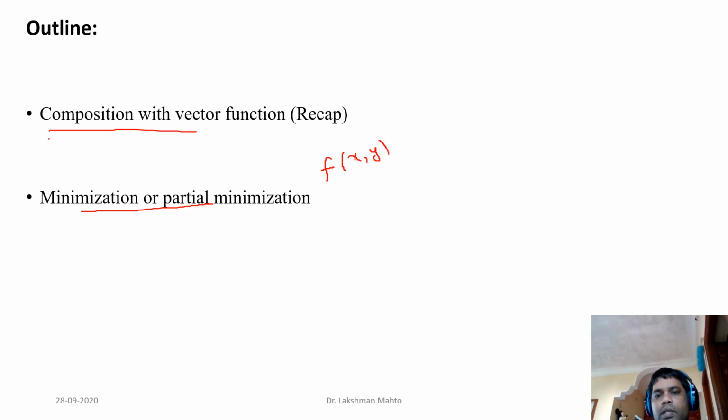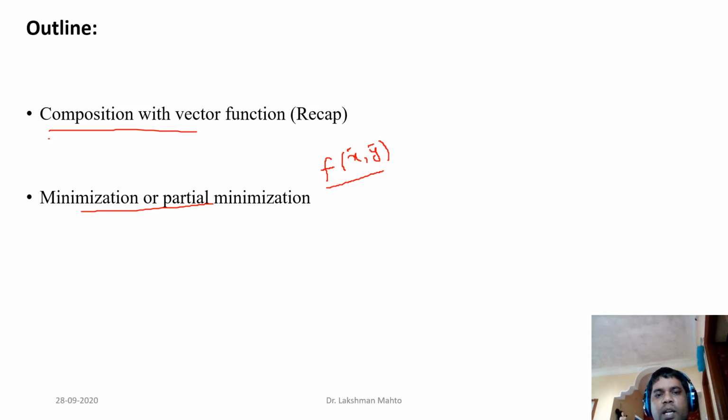And if this function f is convex, then we will try to minimize this function partially. That means either we minimize with respect to x, or we minimize with respect to y. That's why this minimization is called partial minimization. It is not a complete minimization, it is a partial minimization. So partial minimization also preserves convexity.